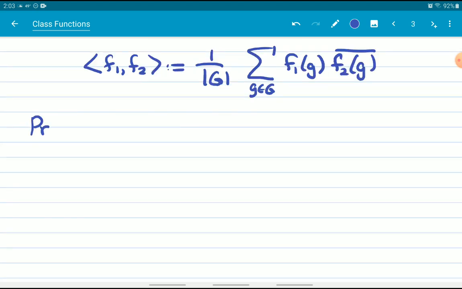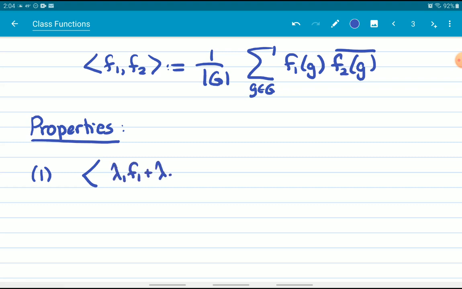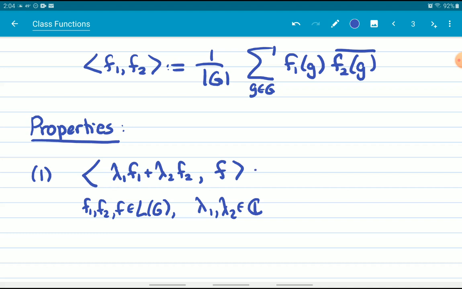So this has some properties that are immediate from the definition. First of all, it's linear in the first variable. So let's say I have lambda 1 f1 plus lambda 2 f2, comma, f. Here f1, f2, and f are functions on the group, and lambda 1, lambda 2 are complex numbers. Well, I can pull them out.